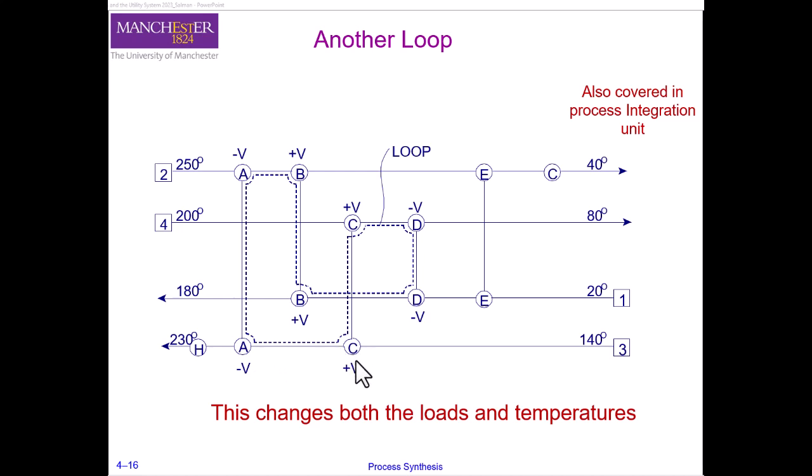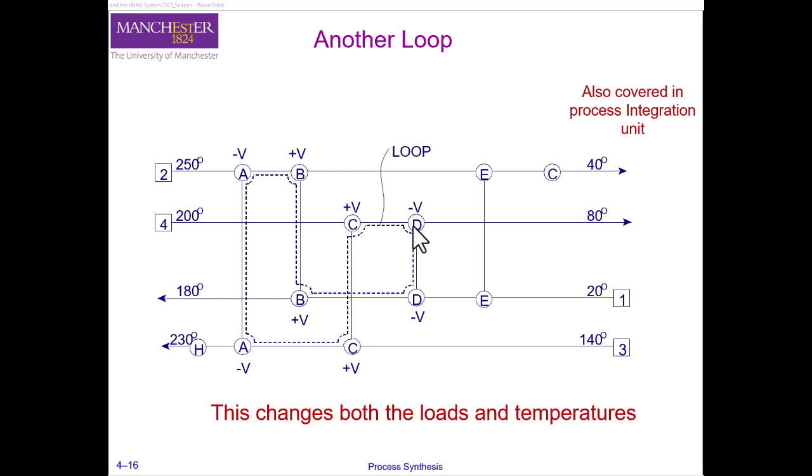And again, because if we are increasing it here, we have to increase it on this side, that is stream 4, because it's the same exchanger, and because we increase this exchanger by V, it again created an imbalance on stream 4. So for exchanger D, we have to reduce it by minus V to correct for that imbalance.